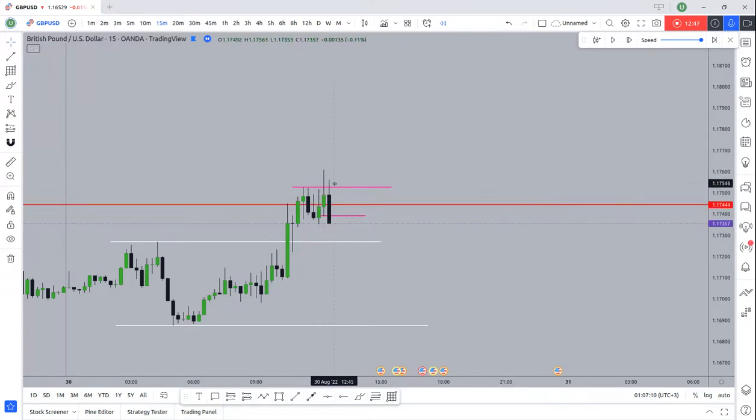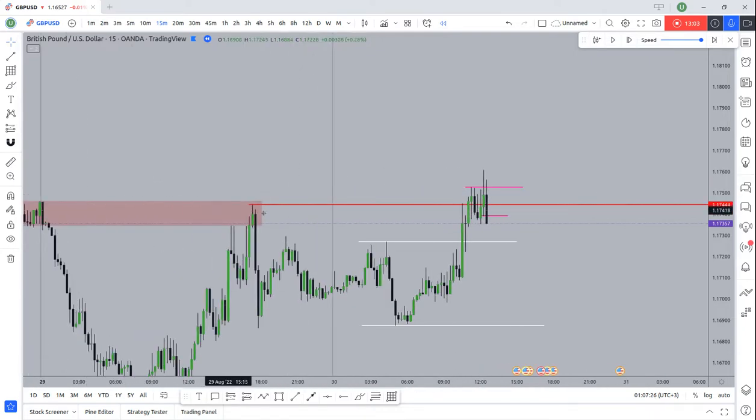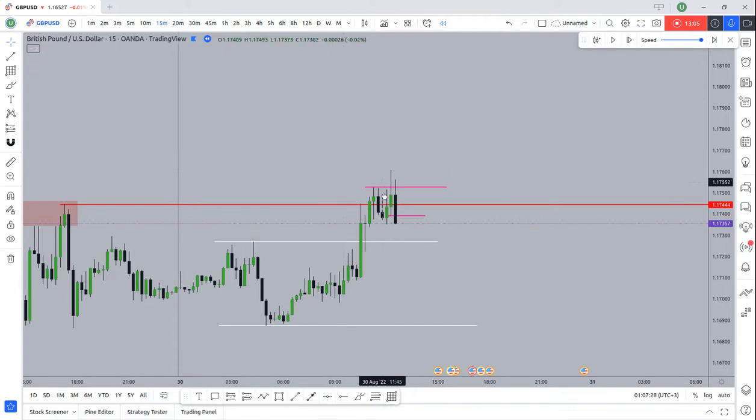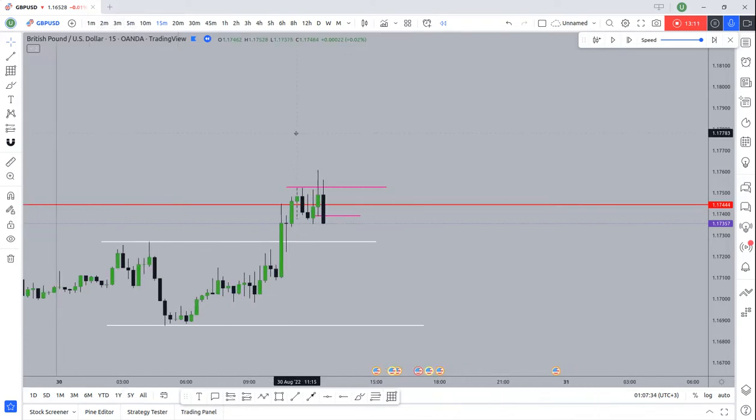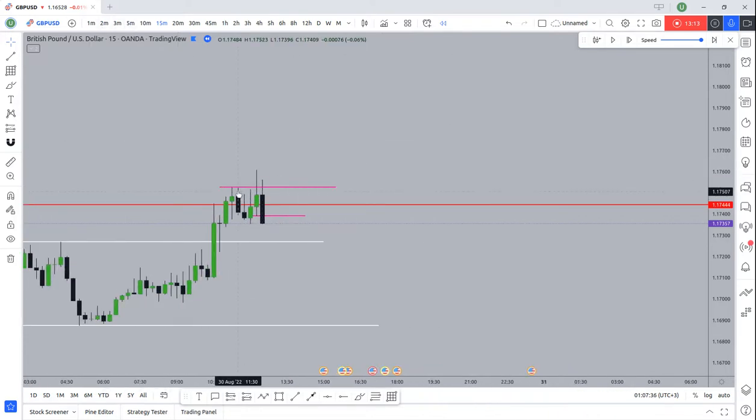If price is bullish, it has to respect the low of a previous candle. We took out liquidity and then we broke it. This candle took out this liquidity here, and then this candle took out the liquidity from this. If you go to a smaller time frame, you'll find these are relatively equal highs, and then price goes lower.